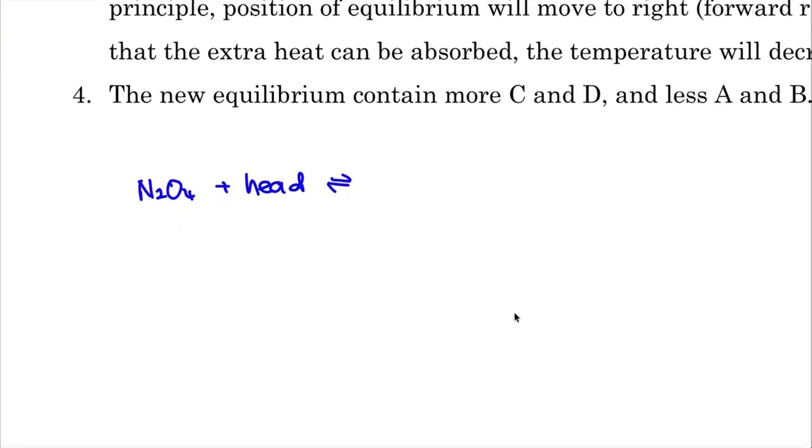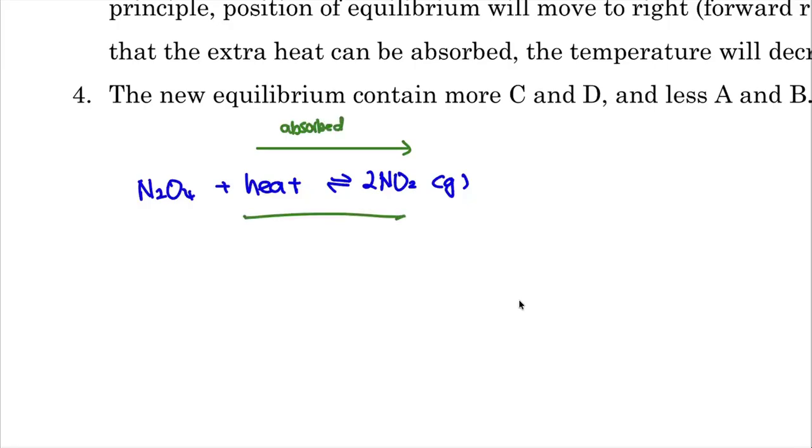Now, what do we know about this reaction is, if my forward reaction is endo, endo means absorb heat. My reverse reaction, which is shifting to the left, releases heat.